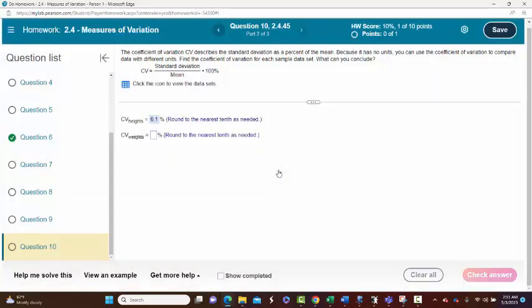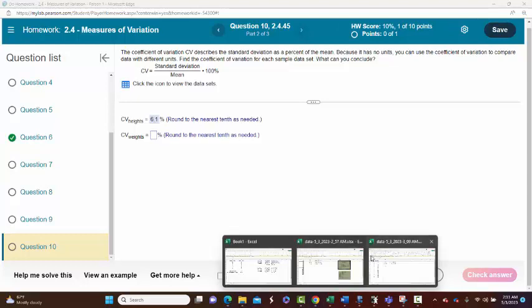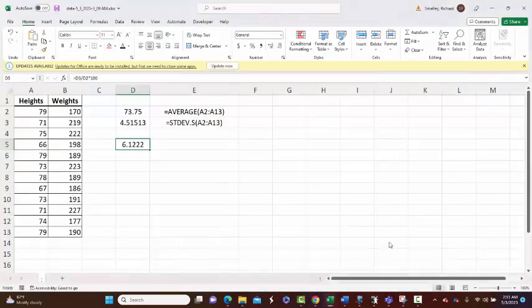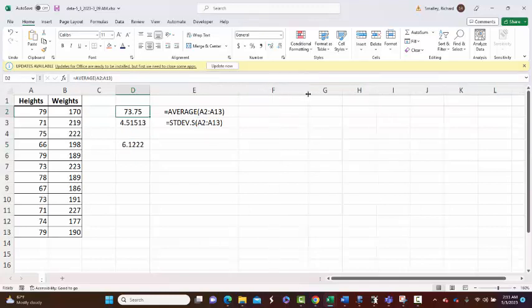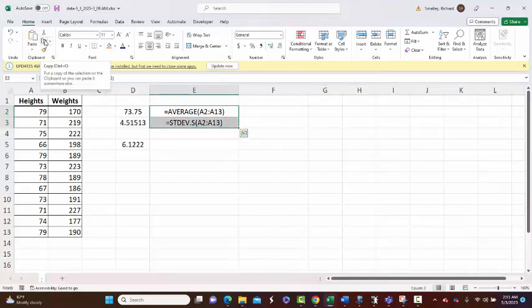All right, weights. And if I do this, everything should hopefully work properly here. Let me copy these two commands over here.